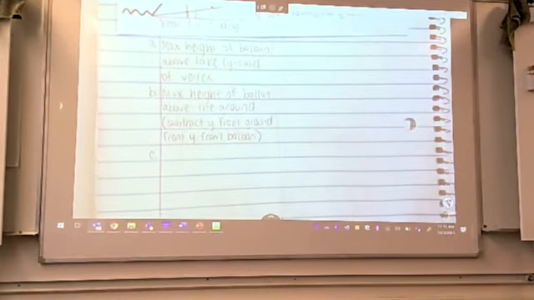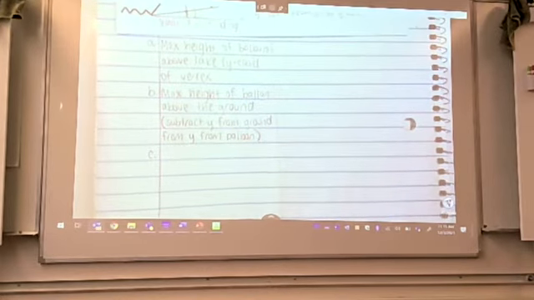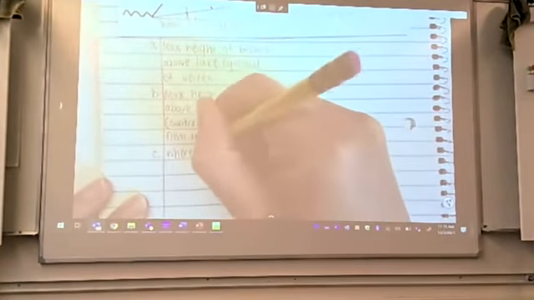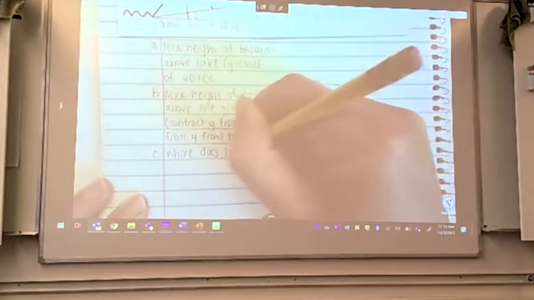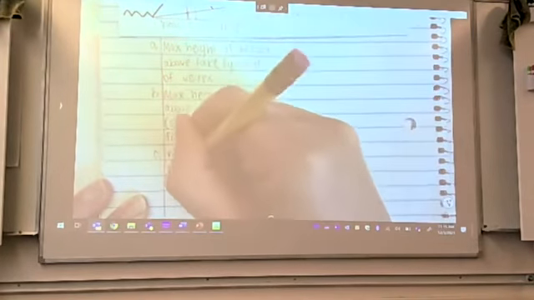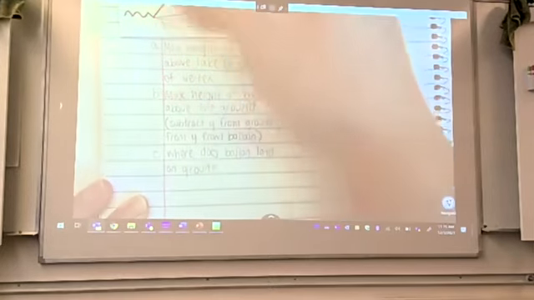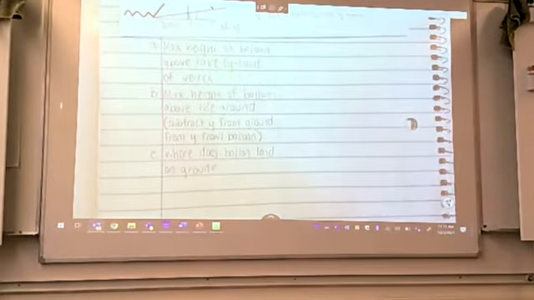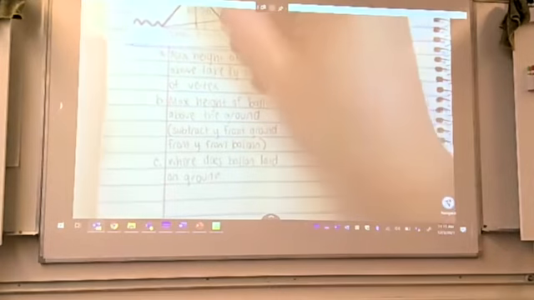So part C, what's the next thing we have to find? Part C: where does the balloon land on the ground? Technically in our picture, it's going to be right here.